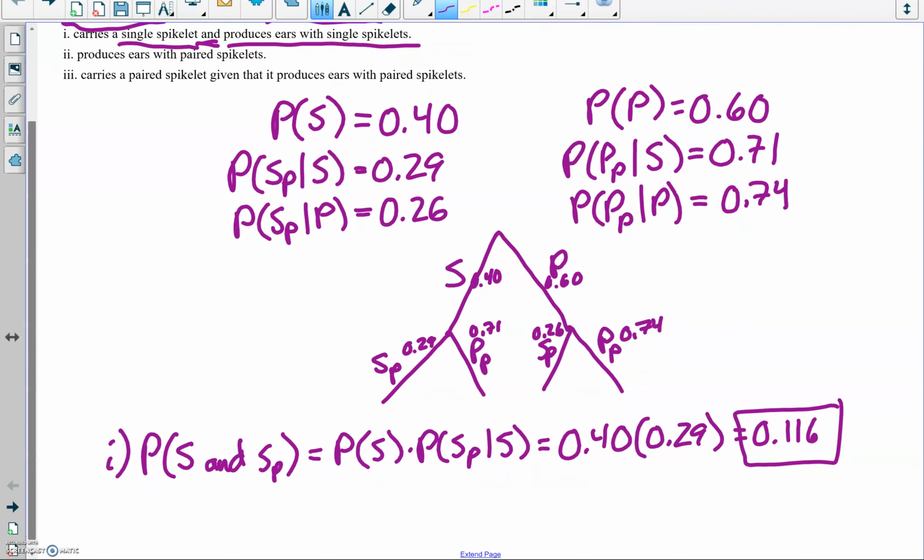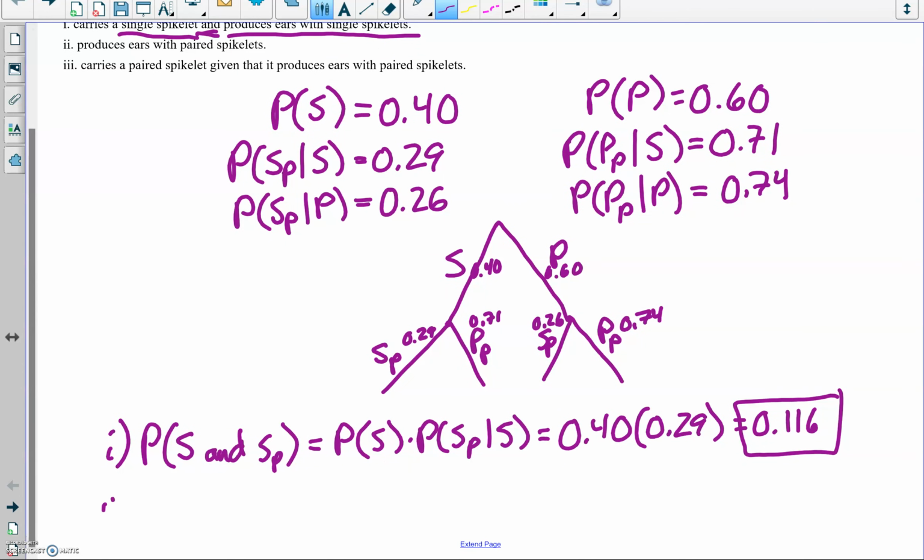Now in the second one, we want the probability of producing ears with paired spikelets. So what I'm looking at for part 2 is the probability of producing pairs.